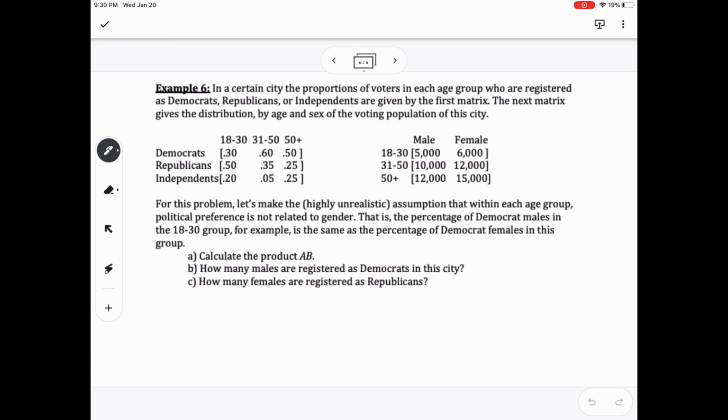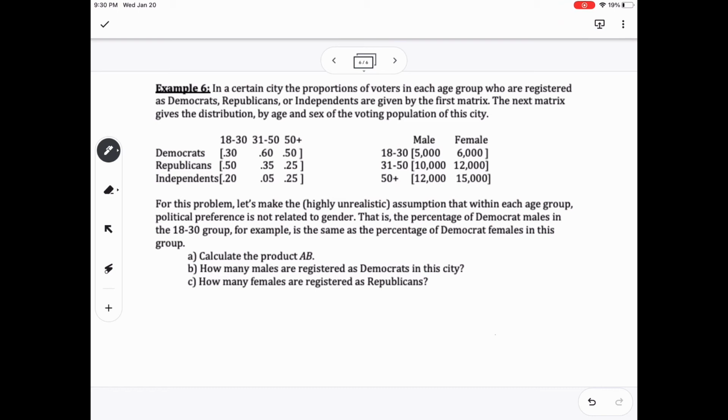Okay, example 6 here says in a certain city, the proportions of voters in each age group who are registered as Democrats, Republicans, and Independents are given by the first matrix. The next matrix is a distribution by age and sex of the voting population in the city. For this problem, let's make the highly unrealistic assumption that within each age group, political preference is not related to gender.